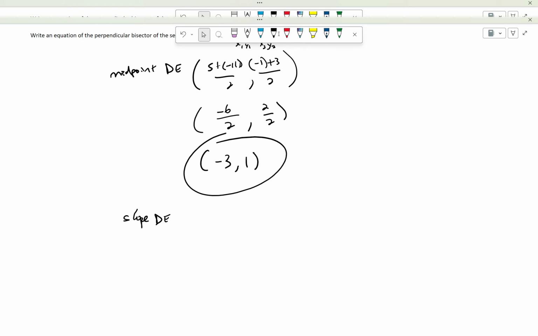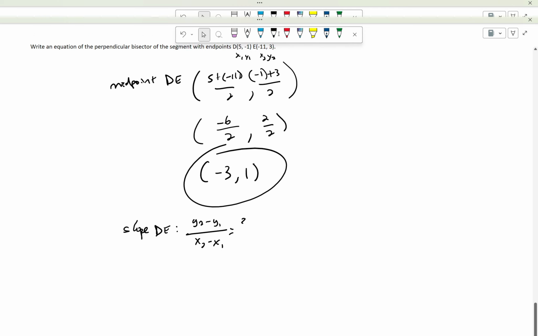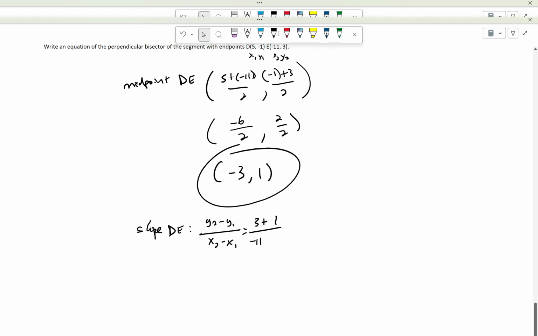Okay. And it's this, right? The slope, y sub 2 minus y sub 1 over x sub 2 minus x sub 1, which is going to be 3 minus negative 1 over negative 11 minus 5, right? So it's going to be 4 over negative 16, which is negative 1/4 when I simplify.